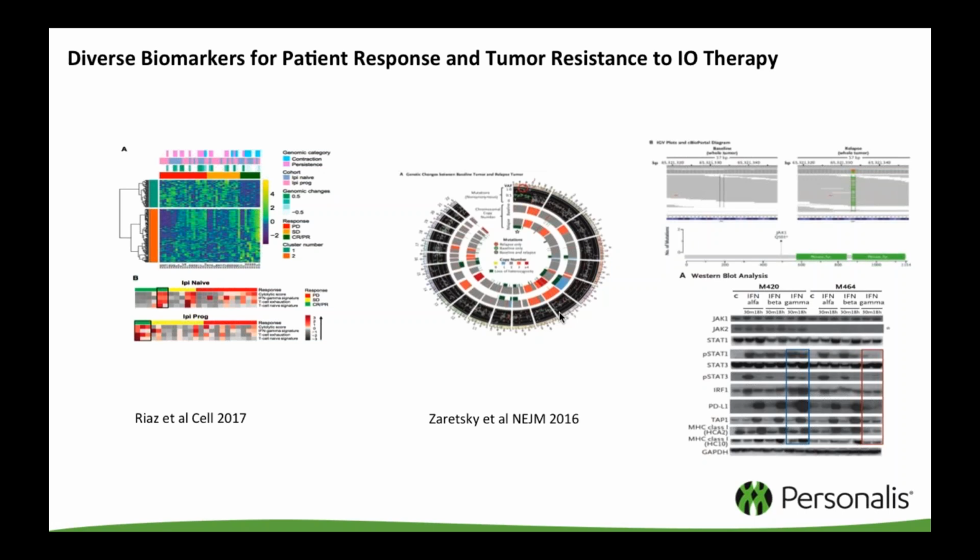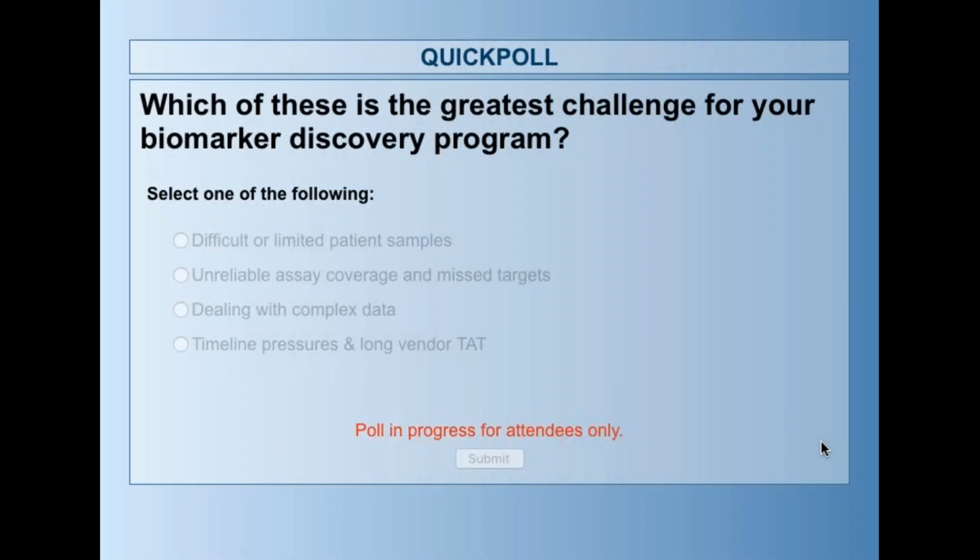Now, before we continue, we have a quick poll question for the audience. Thank you for that, Dr. Newburn. And the poll question should be launching on your screen right now. And that poll question is asking, which of these is the greatest challenge for your biomarker discovery program?